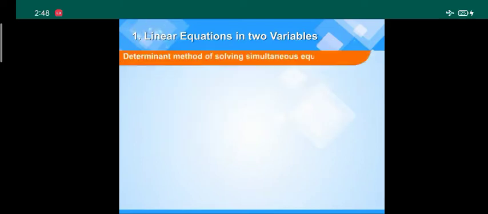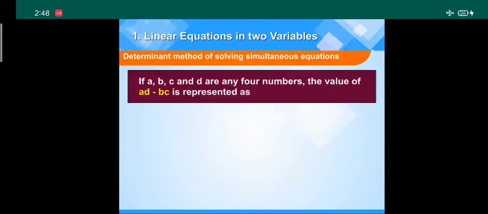Determinant method of solving simultaneous equations. If a, b, c and d are any four numbers, the value a into d minus b into c is represented as a, c, b and d.